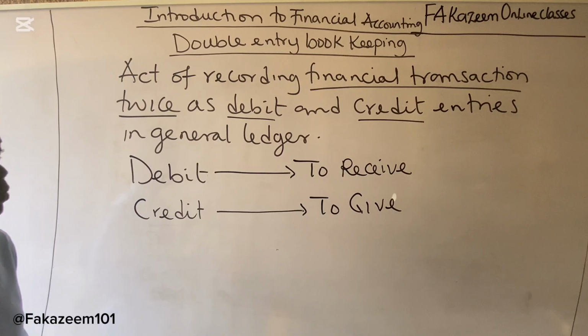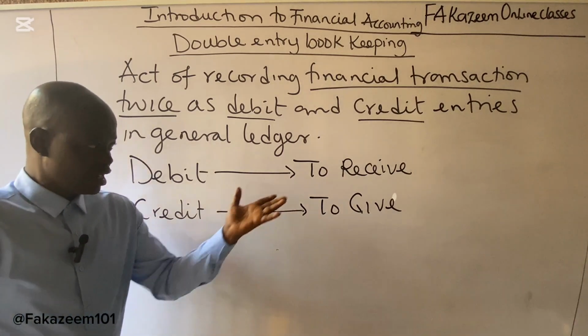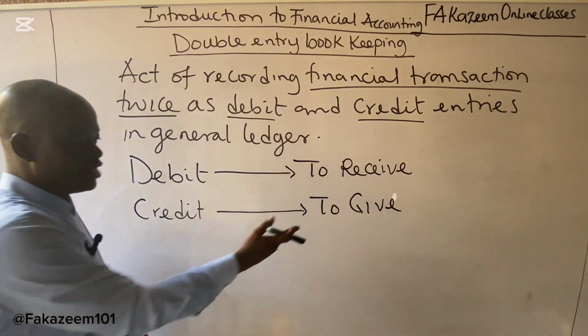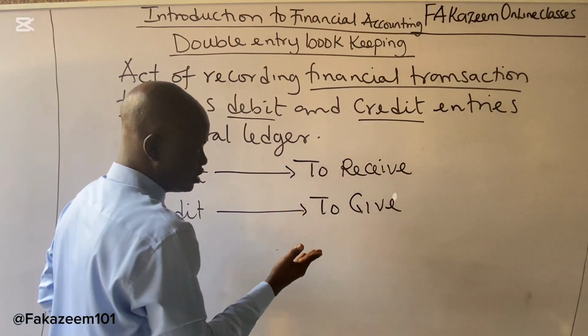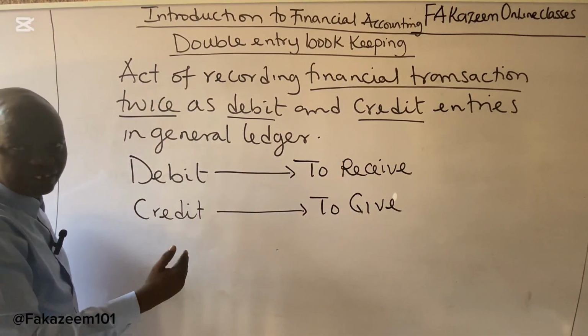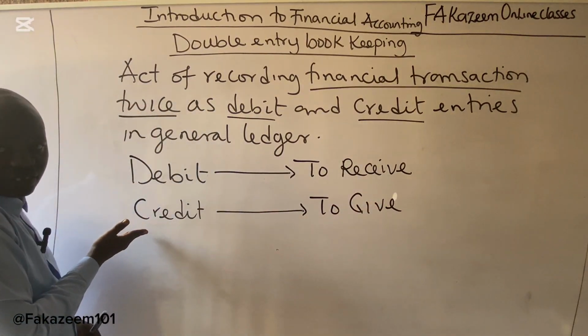In every financial transaction, some party will be receiving and some party will be giving out. Those parties that are receiving, you have to record them on debit. Those parties that are giving out, you have to record them on credit.